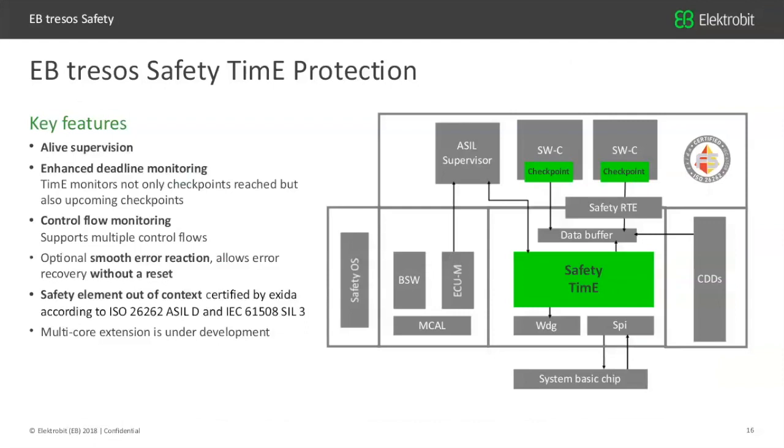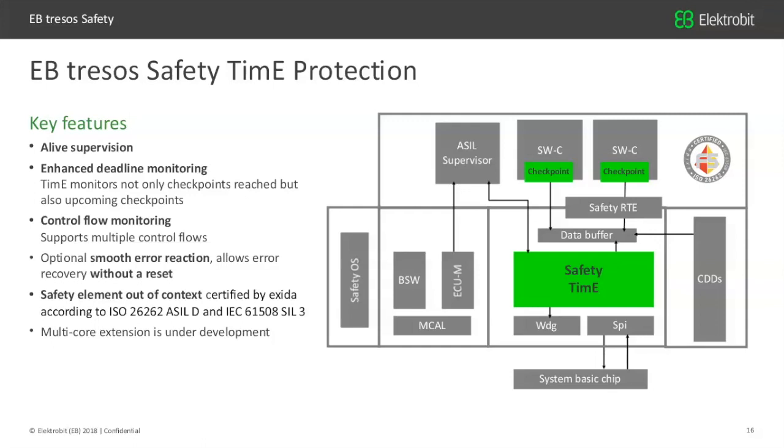That means that I can change the error reaction. If I have a single fault, I can do a reset or try again, and don't have to go to the worst case of a reset.